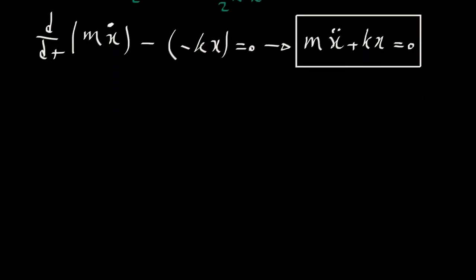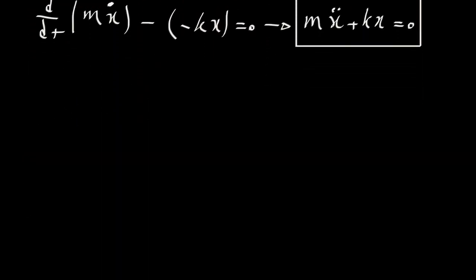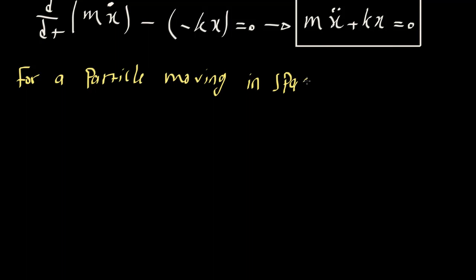So let's say for a particle moving in space, not in 1D, just in 3D, the position vector would be a function of x, y, and also z.